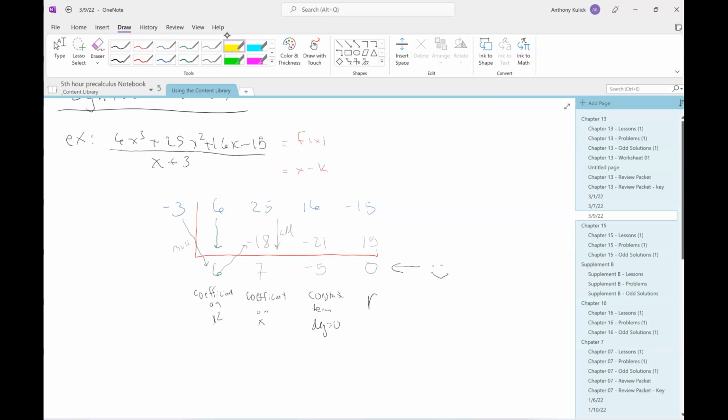So notice this was pretty much as easy as the substitution was. You're getting the information about what you get when you do the substitution, but as a bonus, you're getting the other polynomial as well.